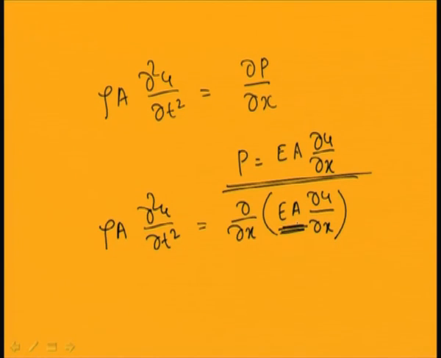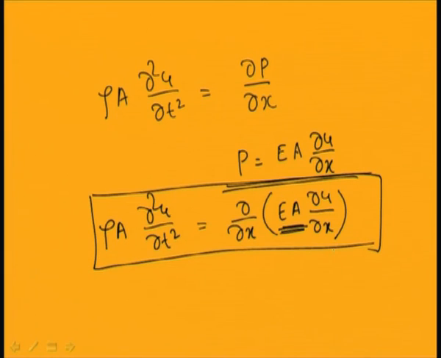If it is not homogeneous, then E is not constant, and if the cross section is not uniform, then I cannot take A as constant, and this is the equation of the system. But when E and A are constant, that means you are taking a rod of uniform cross section and it is a homogeneous beam where E is constant, then I will take the equation like this.